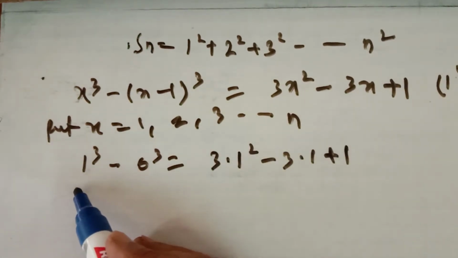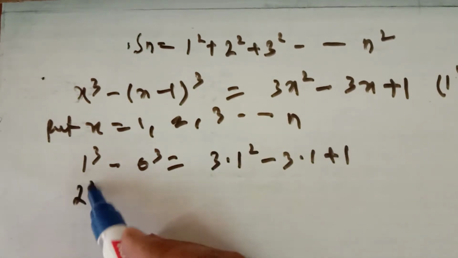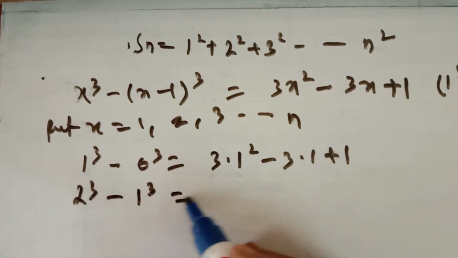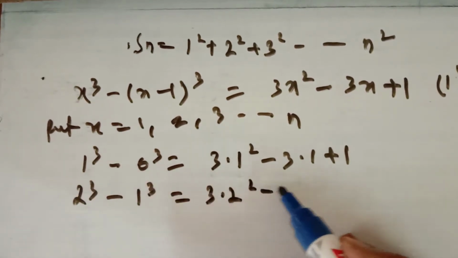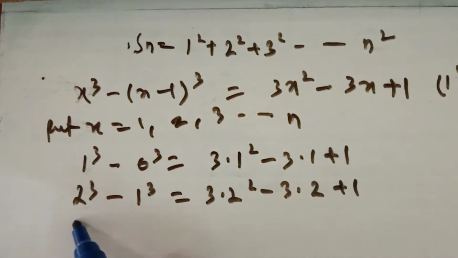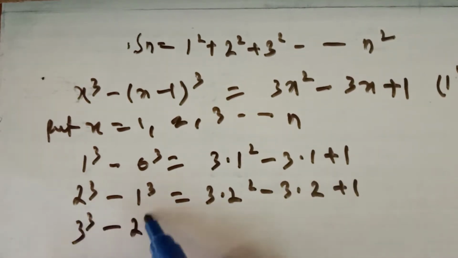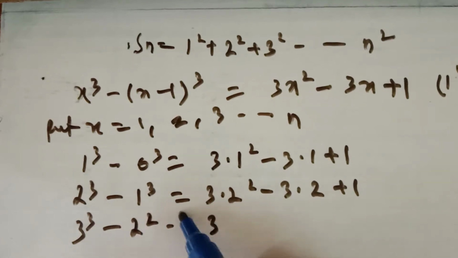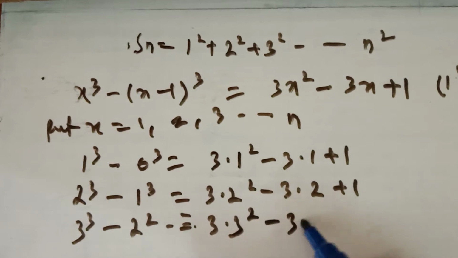Then when you put x equal to 2, it will be 2 cube minus 1 cube is equal to 3 into 2 square minus 3 into 2 plus 1. Then when you put x equal to 3, it will be 3 cube minus 2 cube is equal to 3 into 3 square minus 3 into 3 plus 1, and so on.